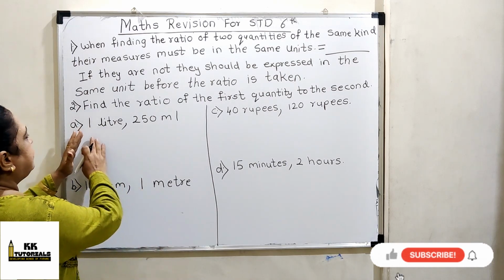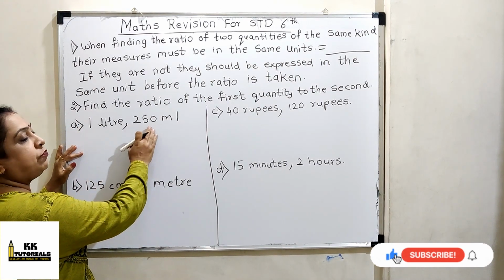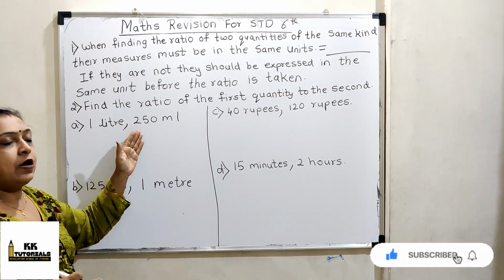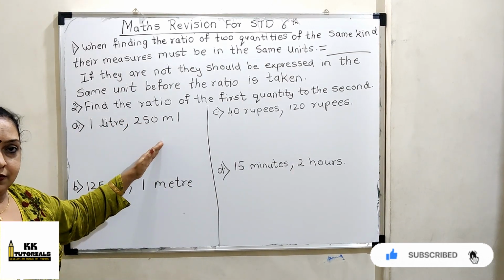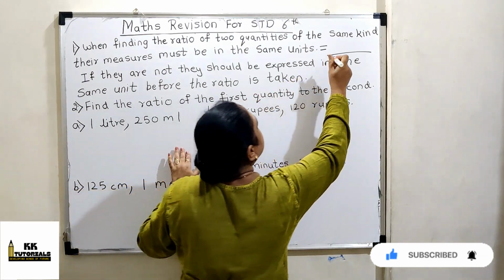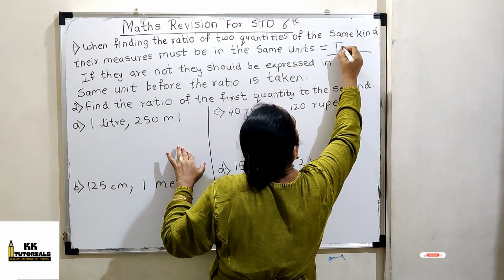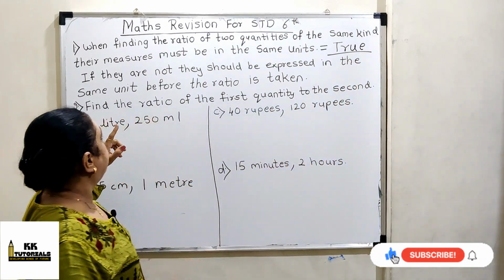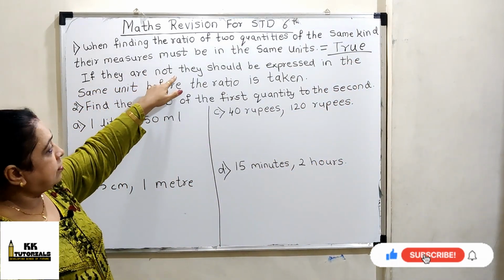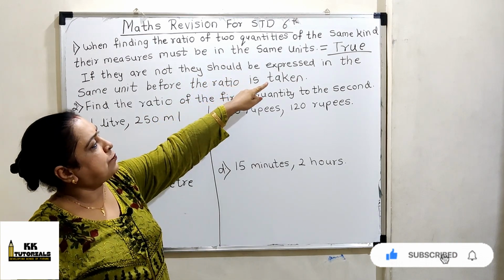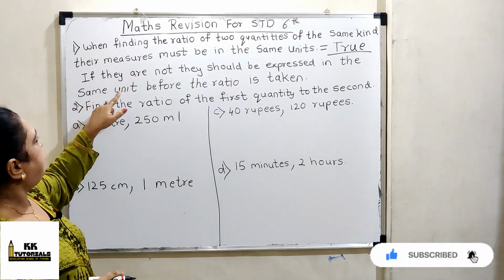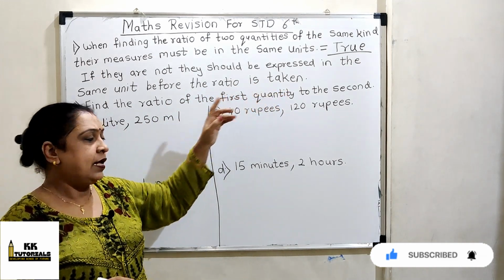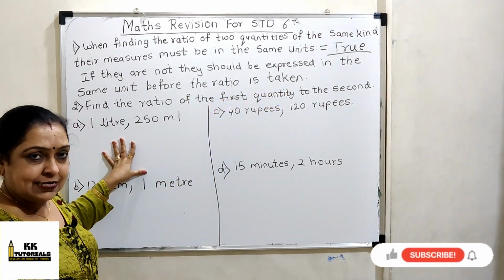That means, here see it is given 1 liter and 250 milliliter. So liter also we have to convert into milliliters. Okay. So this sentence is true. Suppose if they are not, they should be expressed in the same unit before the ratio is taken. Okay. So we will solve some sums, you will understand it.